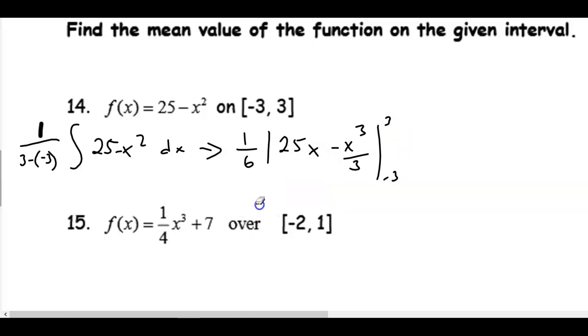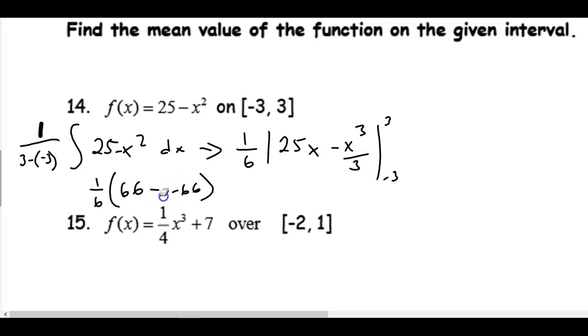So 1/6 times, if I plug in 3 right here, 27, 9. So that's 75 minus 9 is 66, minus negative 75, negative, but plus, so negative 66.